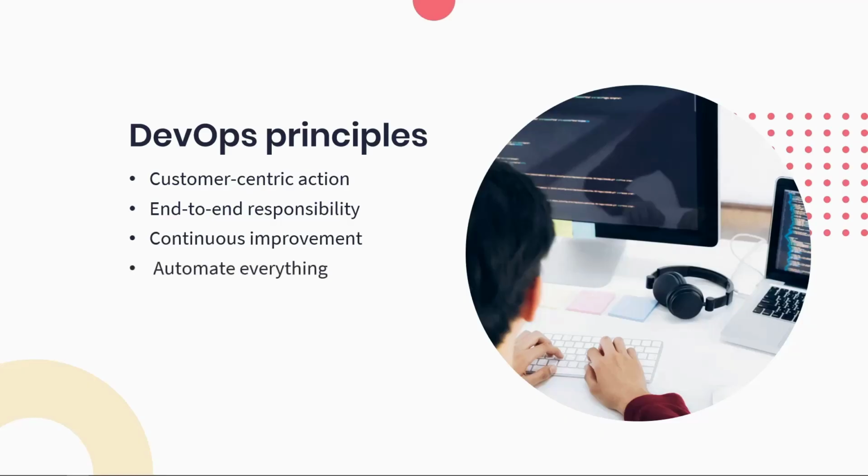Automate everything. Automation is a vital principle of DevOps processes. This is not only for the software development, but also for the entire infrastructure landscape. Work as one team. In the DevOps culture, the roles of the designer, developer, and tester are already defined.